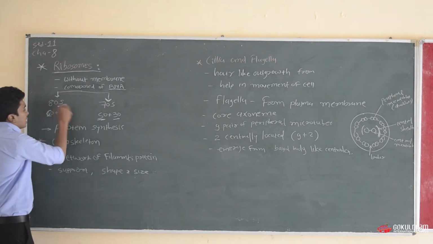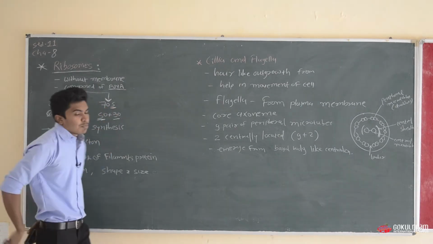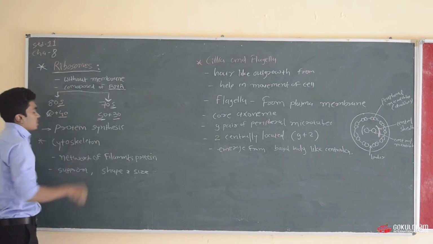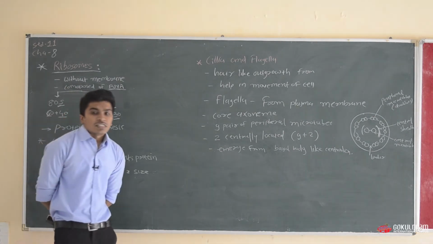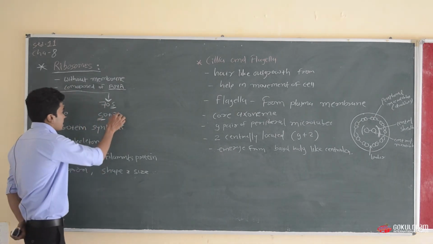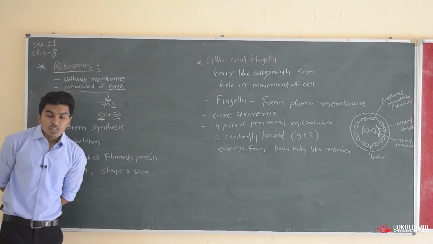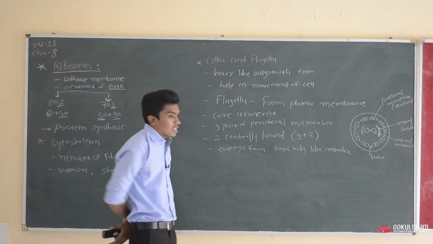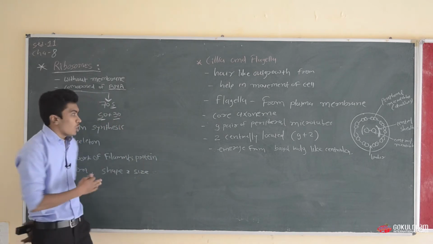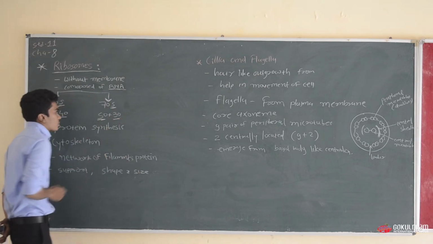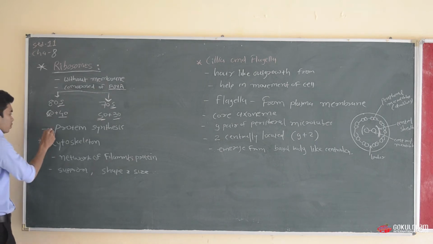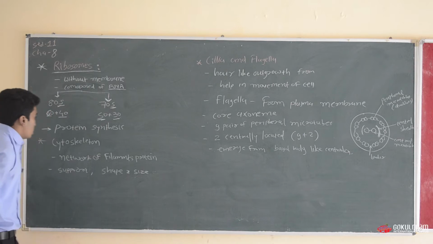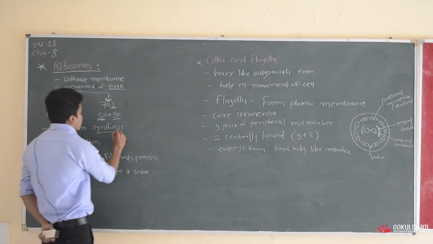Here S stands for Svedberg unit or sedimentation coefficient, which indirectly suggests the density of the molecules, and also suggests the moving velocity or rate of these molecules in centrifugation. The main function of ribosomes is protein synthesis.